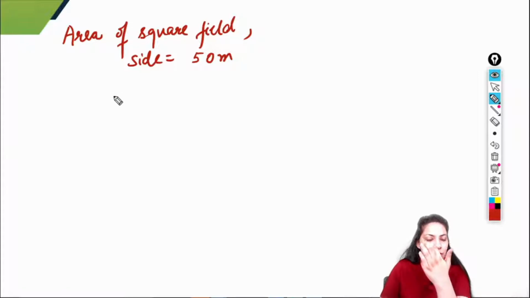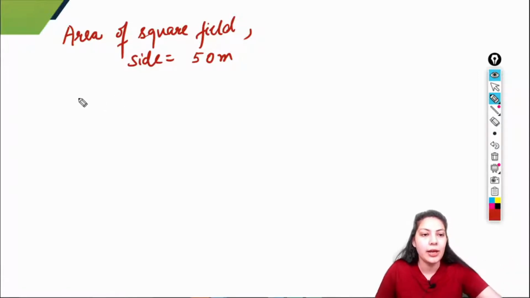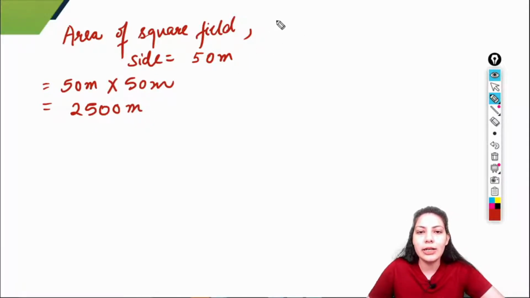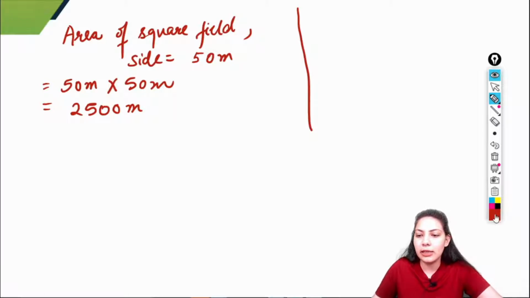What is the area of a square? It is side squared, that is 50 meter into 50 meter. So that would result in 2500 meter squared. Now let's calculate the area of the rectangular field.